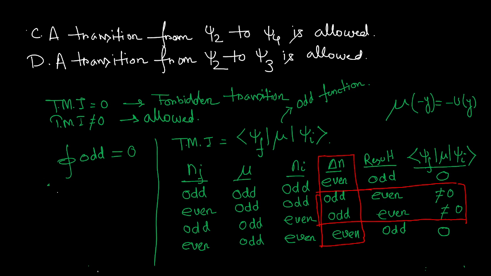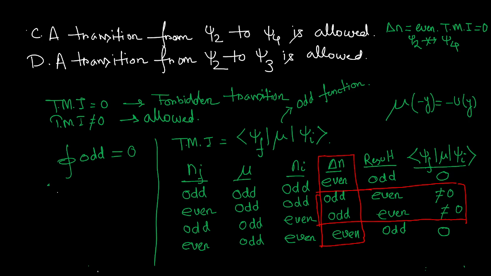Similarly, for option C, psi 2 to psi 4, the difference is even. If delta n is even, then TMI produces 0, so psi 2 to psi 4 is a forbidden transition.